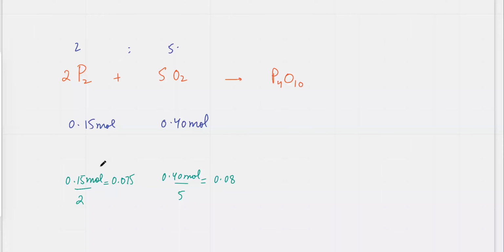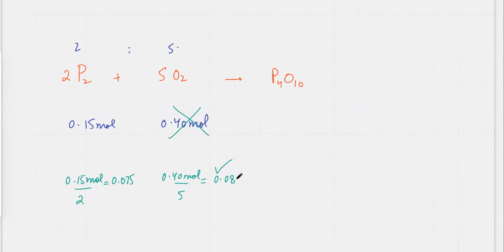So the easy way is, after doing this, whichever is the bigger value, 0.08 I think is the bigger value. That's the one that's in excess. Don't use those moles. That's it. So you don't have to go into a lot of detail about ratios. If I want to find P4O10 moles, I'm going to use these, not these.